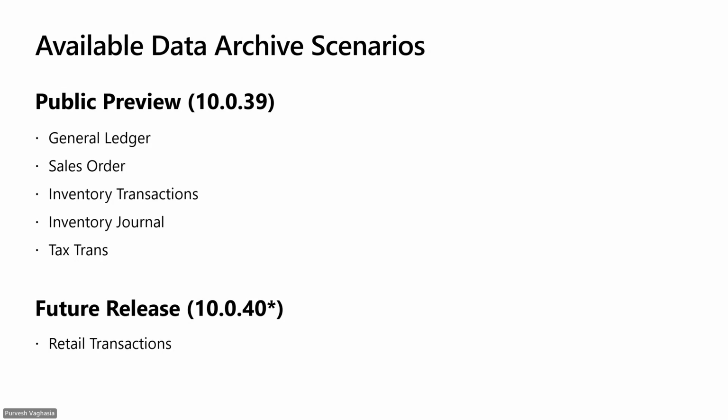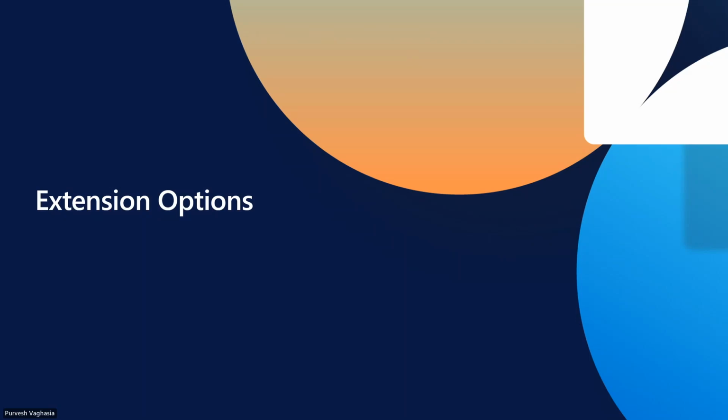We are also planning to make retail transactions available in public preview or private preview for limited customers. In 40, it might change, so we don't have firm timelines on that one, but it's going to come up.